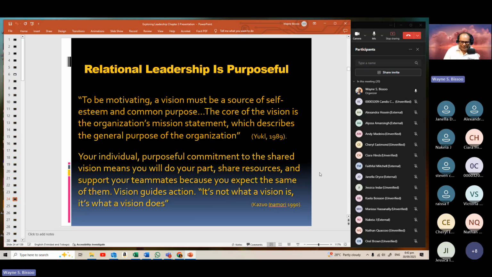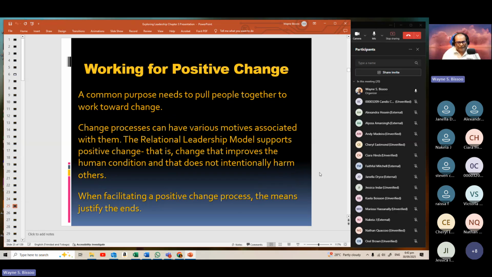You'd be surprised the mountains you can move with people who are highly committed to the dreams of the organization. All right. So as they say here, common purpose is needed to pull people together to work towards that change, and of course that change needs to be seen as positive. It can't be seen as a negative thing, unless of course we are all just evil, that kind of stuff.